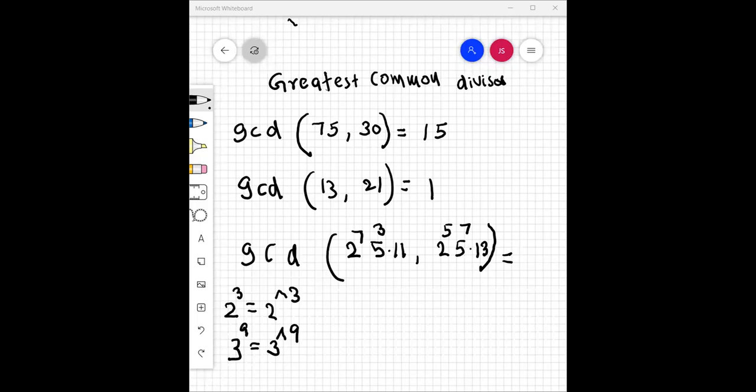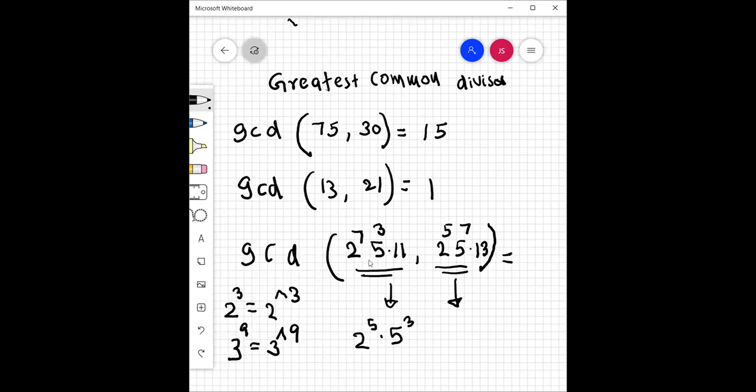Greatest common divisor means the highest common factor, the largest factor which divides both numbers. That is, of course, 2 to the power 5 times 5 to the power 3. That is the largest common factor which divides both integers.